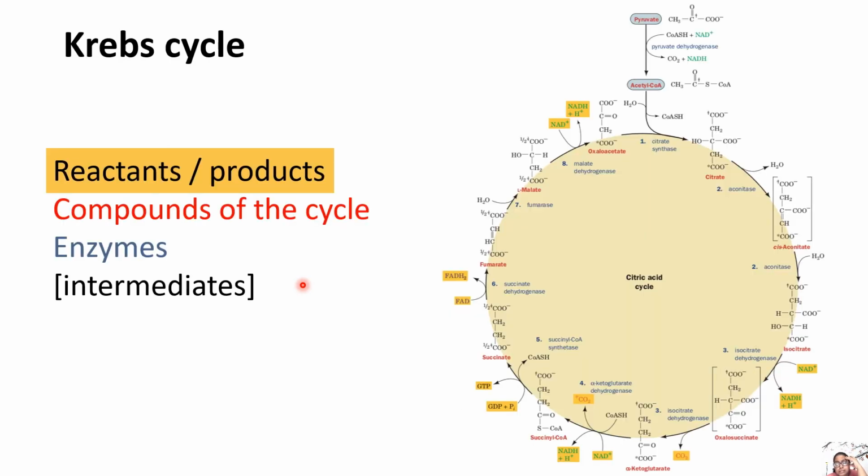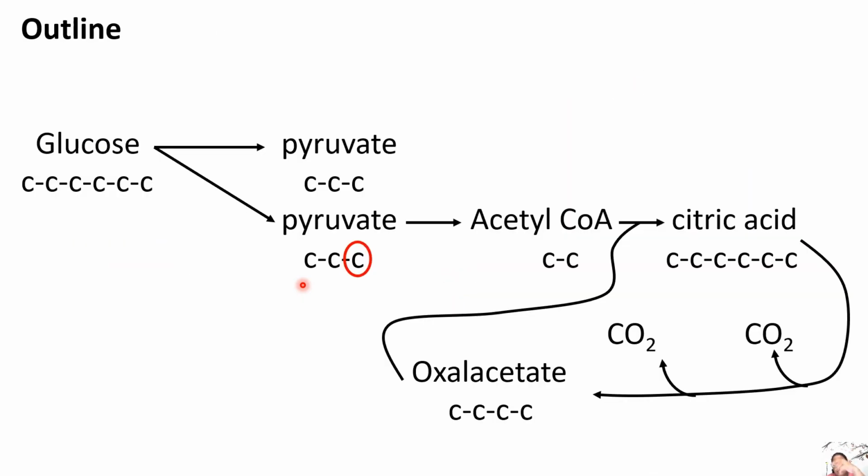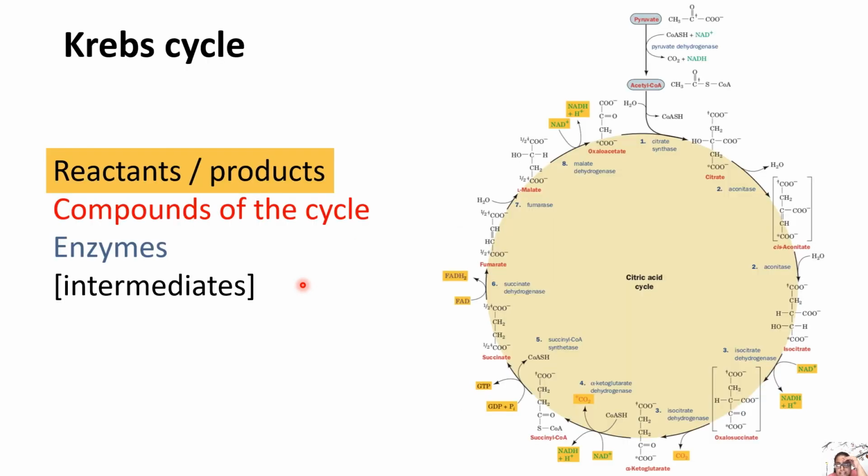Then CO2 is given out, and the cycle continues, and oxaloacetate is formed again. So acetyl CoA and oxaloacetate join, citrate is formed, and from the citric acid cycle it comes back to oxaloacetate. Everything in the reactants and products has been shown here. The compounds of the cycle are shown in red and the enzymes in blue.